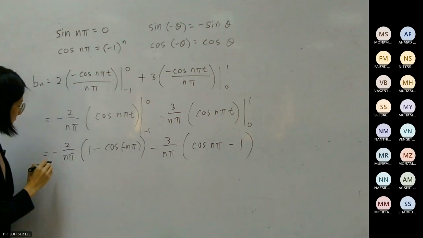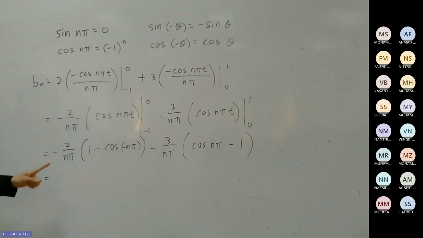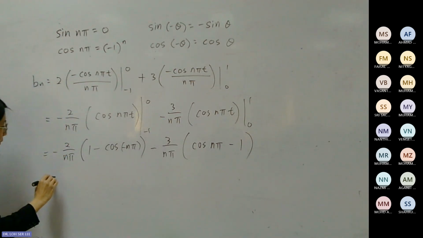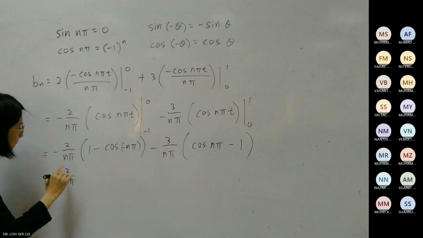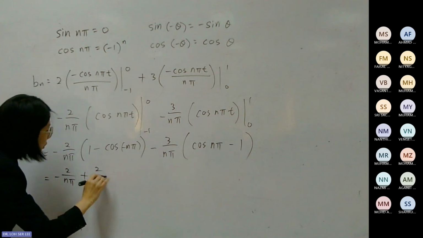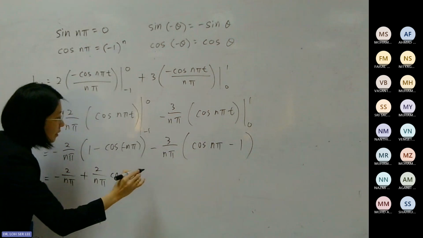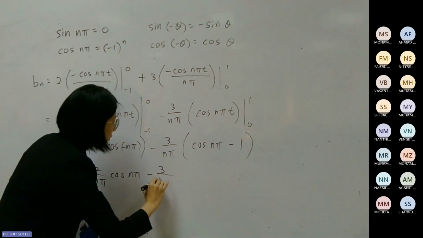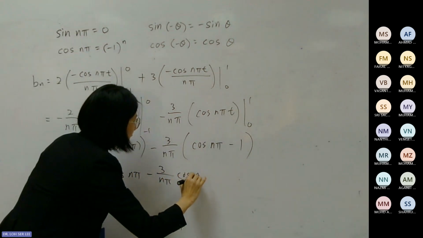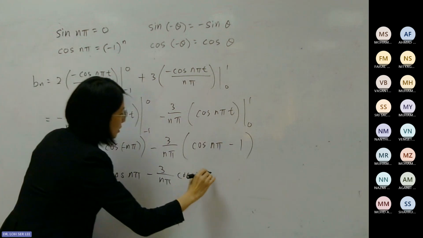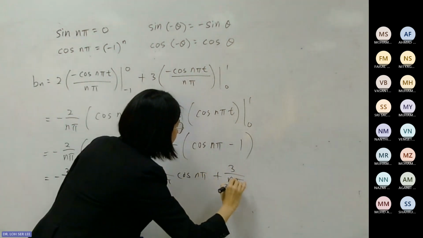So we can expand. Plus 2 over n pi, this is cos n pi now. Cos n pi, minus 3 over n pi cos n pi plus 3 over n pi.